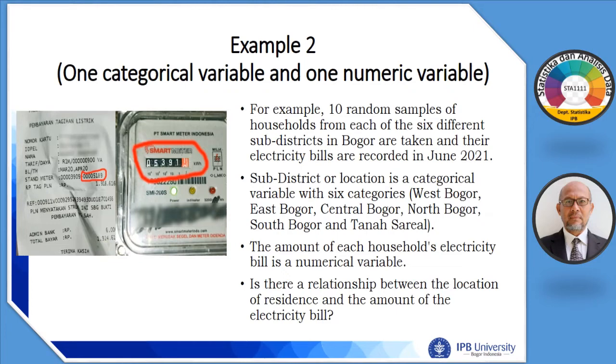This is the name of sub-districts in Bogor, right? The amount of each household's electricity bill is a numerical variable. Okay, I hope you understand about these variables. Okay, the question is, is there a relationship between the location of residence and the amount of the electricity bills?